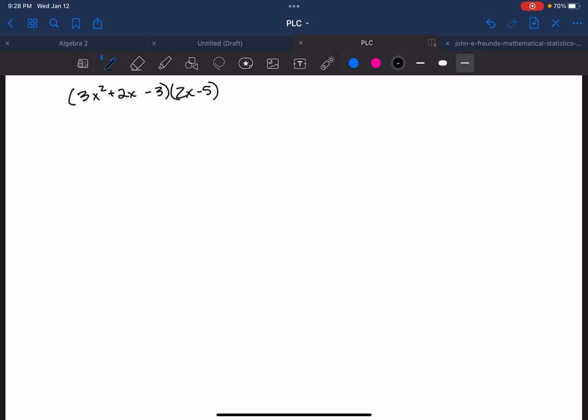So that tells me I'm going to draw a box with one column for each term. So I'm going to have this slightly rectangular box here. So I have my 3x squared plus 2x minus 3, and I have 2x minus 5.